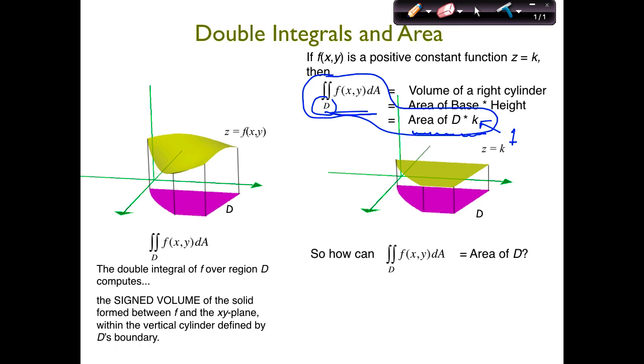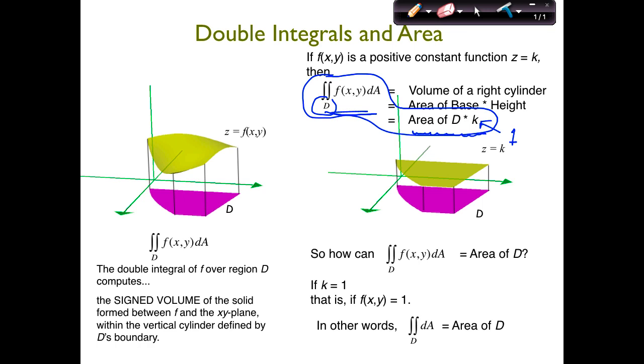What does that mean that we're integrating? If K equals 1, then what is my double integral? Then the value of the function is 1, right? I'm going to do a constant function of 1. So in general, what do double integrals find?